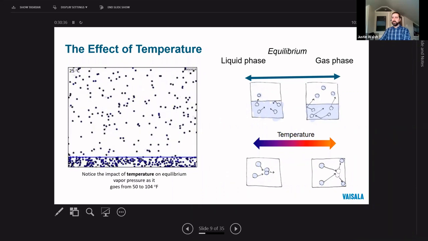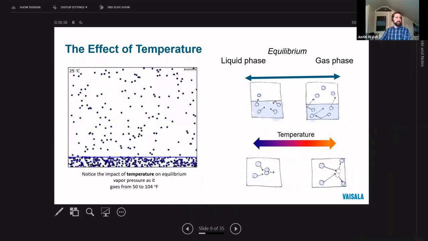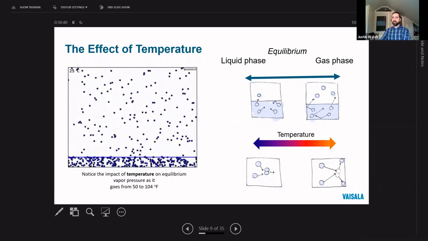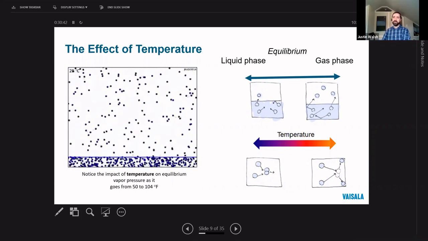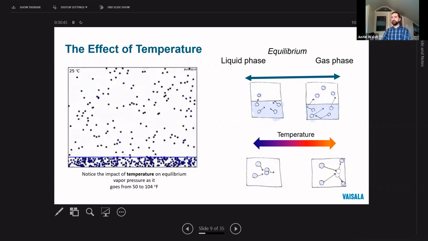And as the temperature decreases, you'll see that molecules lose energy and are more likely to condense and get trapped back into the liquid phase.